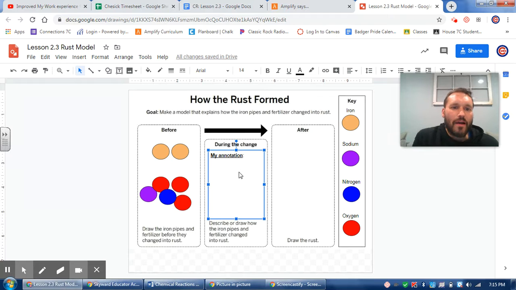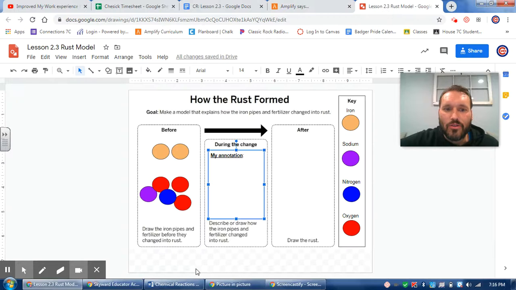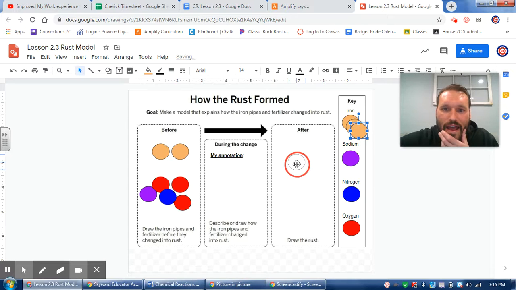Okay, at that point, we know that we had iron pipes and we had fertilizer that was made of these atoms. Now, going back and taking a look again at what rust looks like, we need 2 iron atoms and 3 oxygen atoms to make a repeating group of atoms of rust. So I'm going to go back into my model, and think to myself, okay, I have 2 of these available, so I'll show that by making a copy of the 2 that I have.